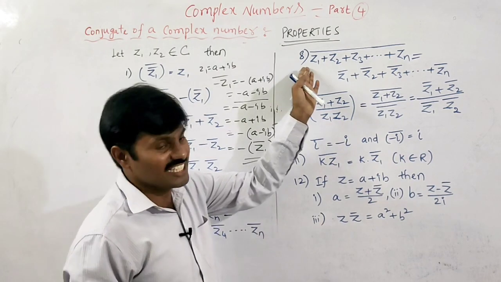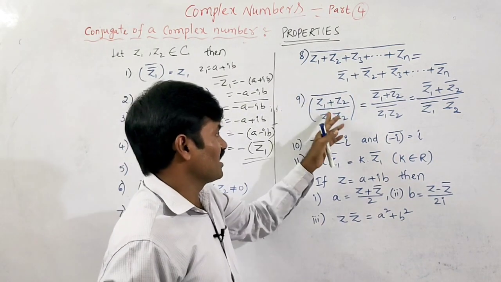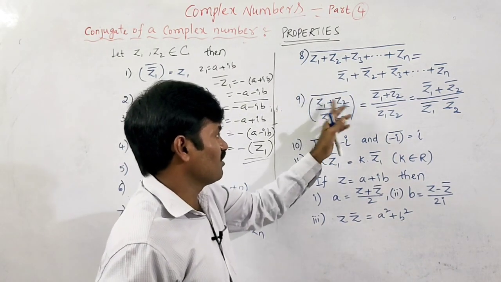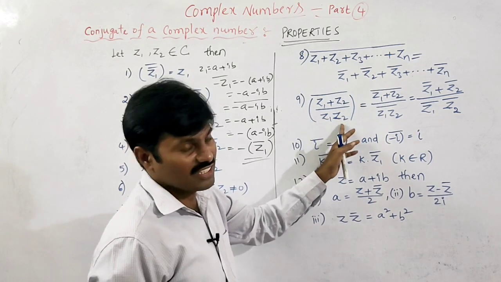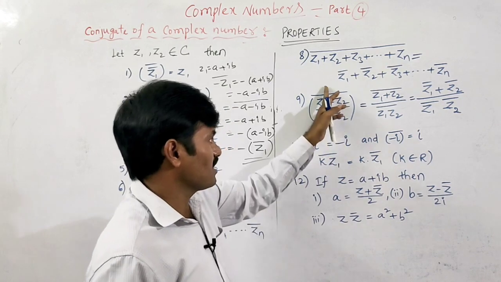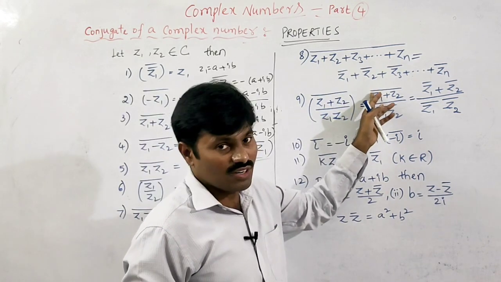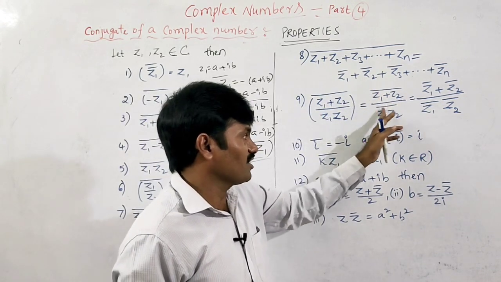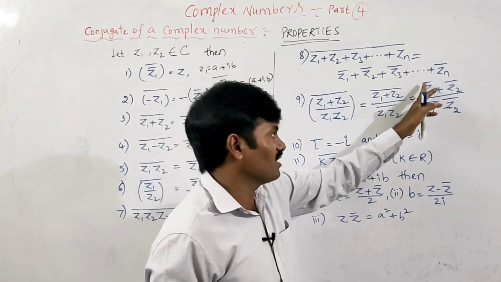In the same way, addition and division also satisfy this. The conjugate of z1 plus z2 by z1 z2, the conjugate of this whole complex number, is equal to the conjugate of z1 plus z2 by the conjugate of z1 z2.